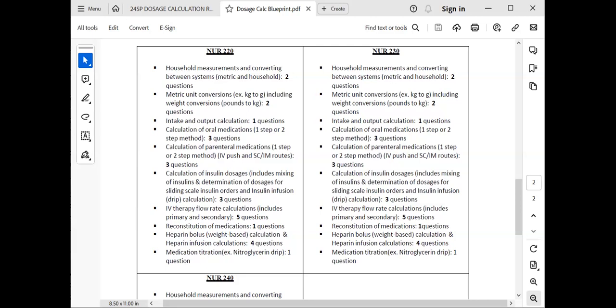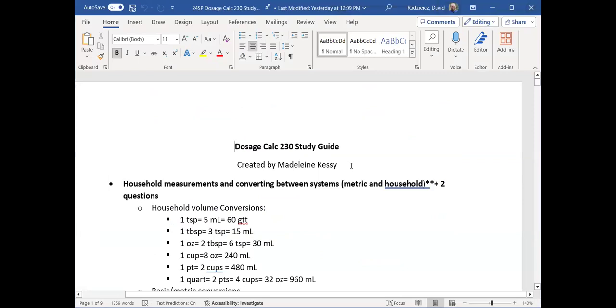All right, so let me switch my share back over here. So this is the only study guide I have for really anyone at Boyce. I don't know if you guys get a packet of study questions or study ideas, or you just get a blueprint and they say have at it.